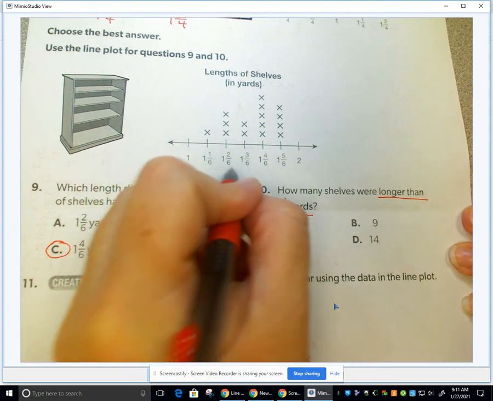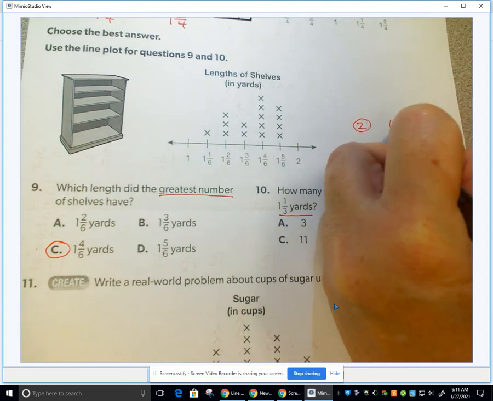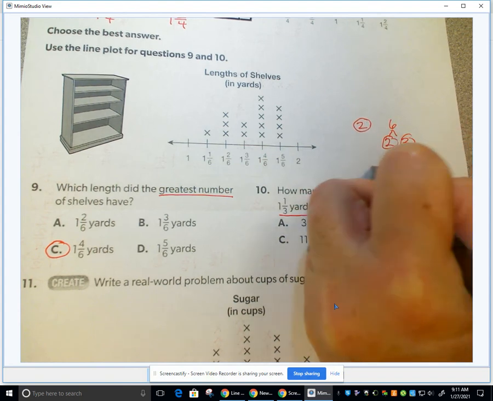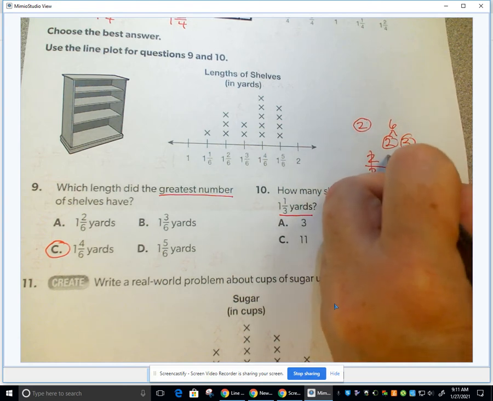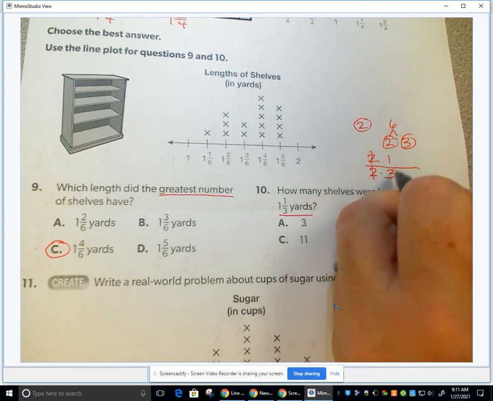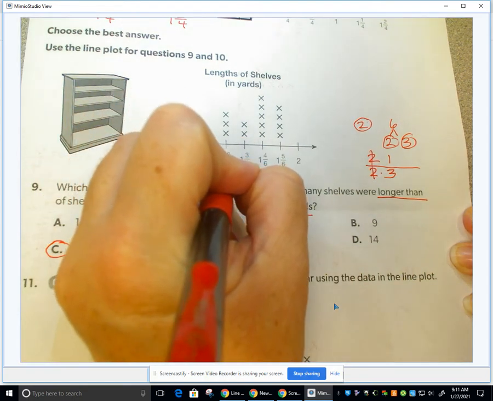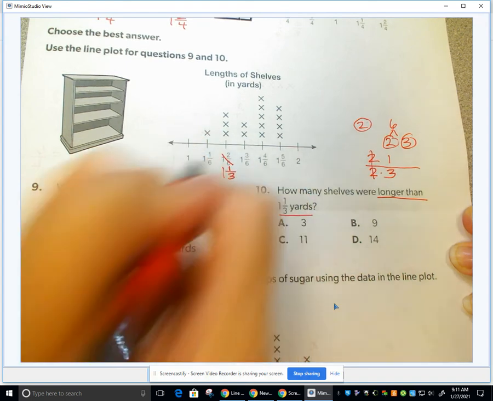Let's look at 2/6. 2 is prime. 6, 2 and 3, prime. If I stack them, 2 on top, 2/3 on the bottom, look what we got. There's a 1 that goes there. Remember, it's understood. So there's my 1/3. So this would equal 1 1/3 also.